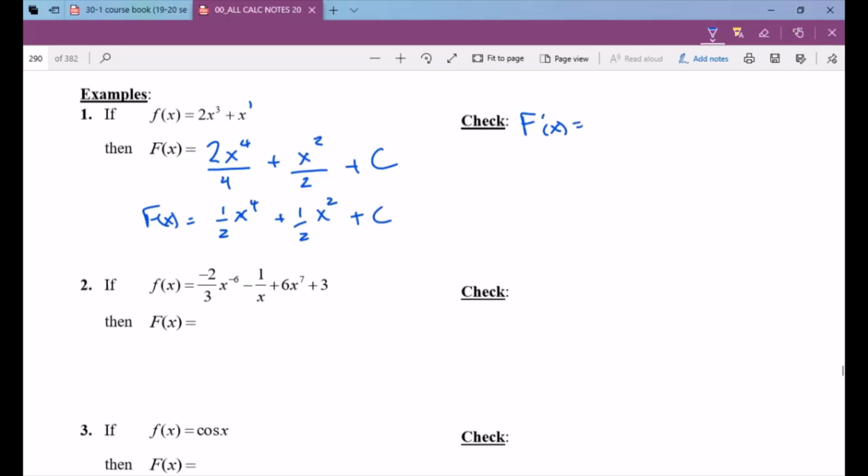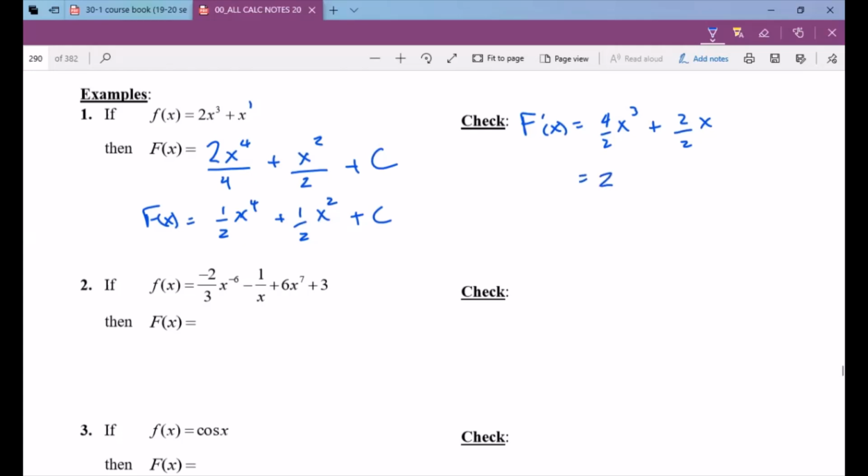So if I differentiate that, that just ends up being 4 over 2 times x cubed. That 2 multiplies, comes down front, so 2 over 2. Subtract 1 from the exponent, that's x to the 1. And then the plus c, when I differentiate that, that's just a constant, so that part is 0.